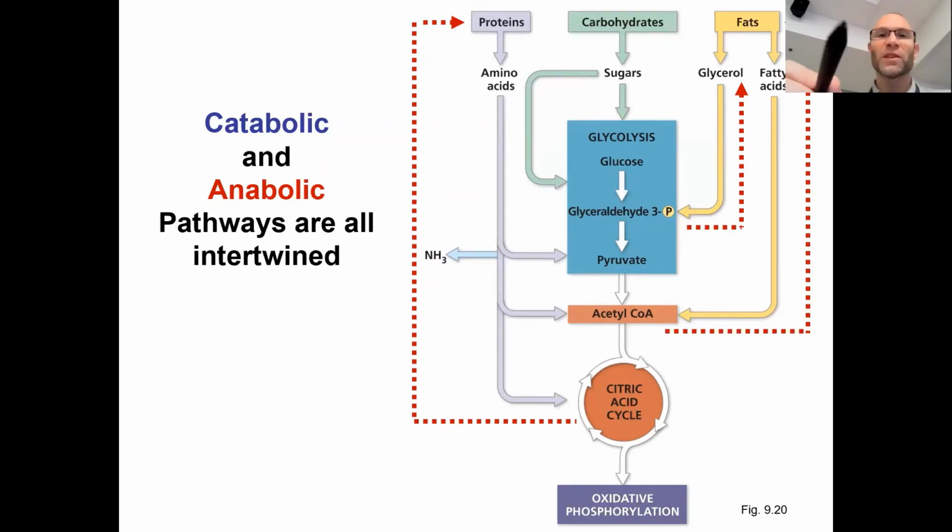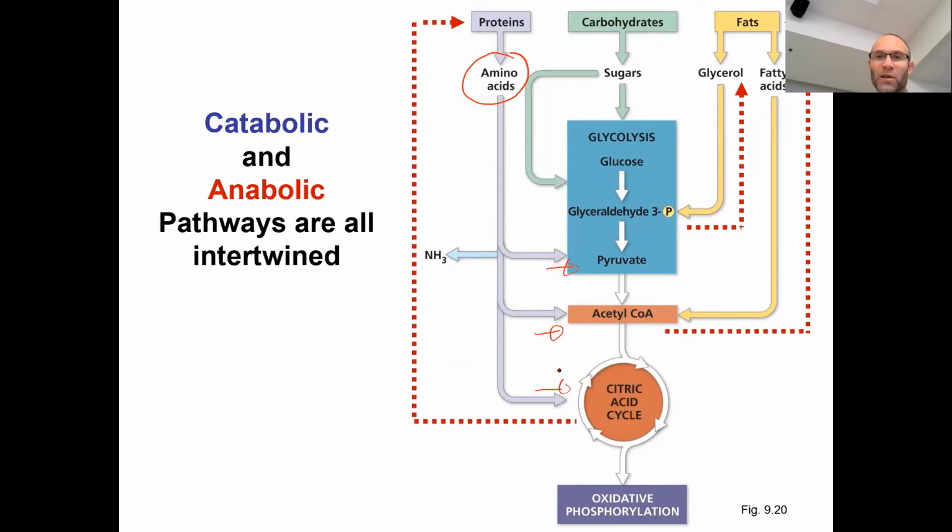And you can see here, for example, proteins are broken down into amino acids, and different amino acids can get converted to various metabolites along these pathways. Some amino acids are converted to pyruvate right here. Some amino acids are converted to acetyl-CoA. Others are converted to various metabolites in the citric acid cycle. And we can get ATP just by breaking down our amino acids.